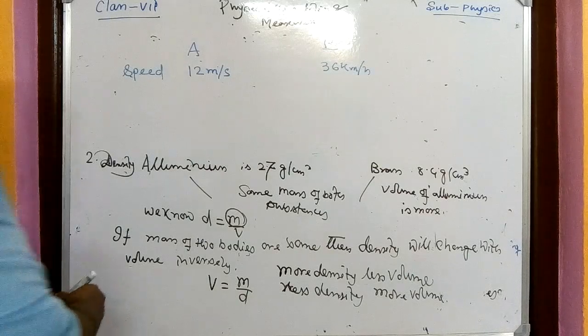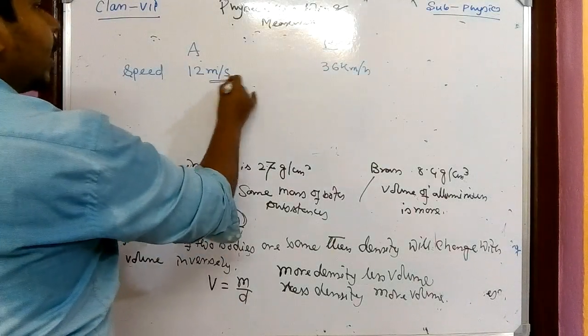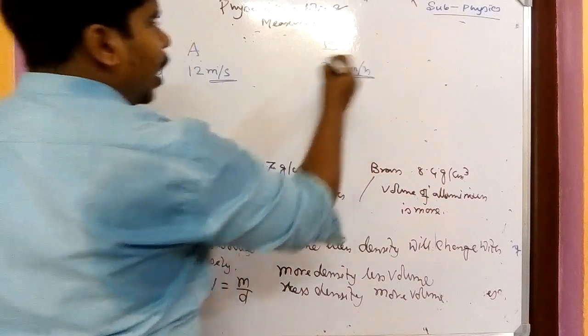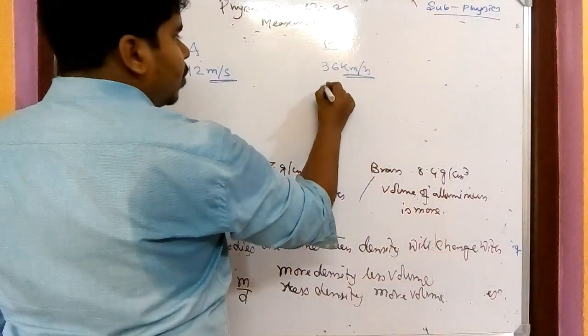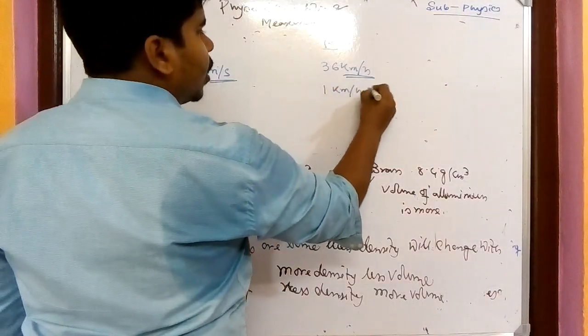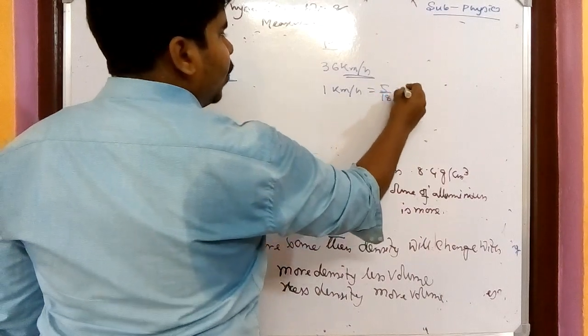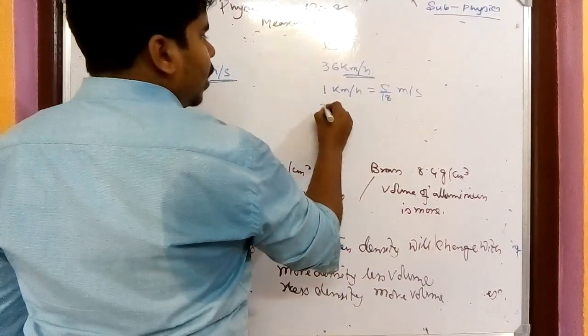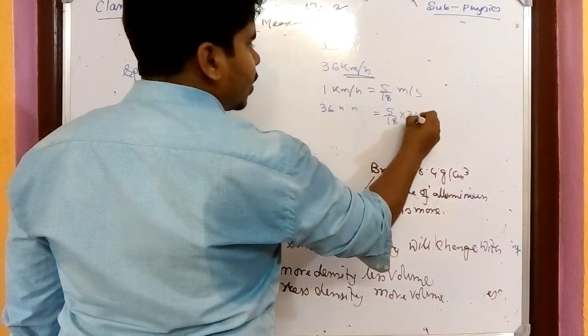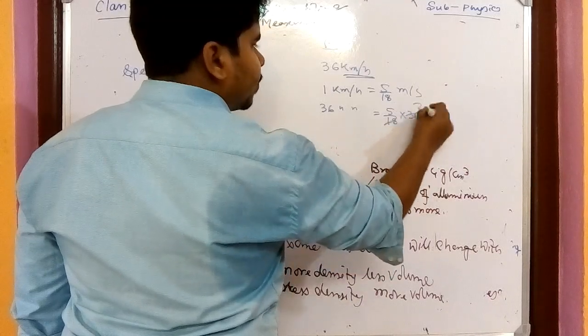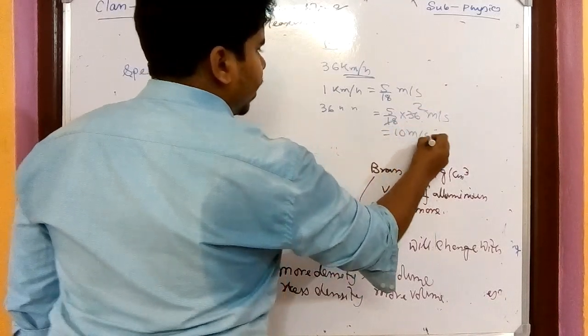No. Here you see it is meter per second. It is kilometer per hour. That means we have to take this speed in the same unit. Otherwise we cannot calculate whose speed is more. So convert it. We know 1 kilometer per hour equals 5 by 18 meter per second. So 36 kilometer per hour equals 5 by 18 into 36 meter per second, 10 meter per second.